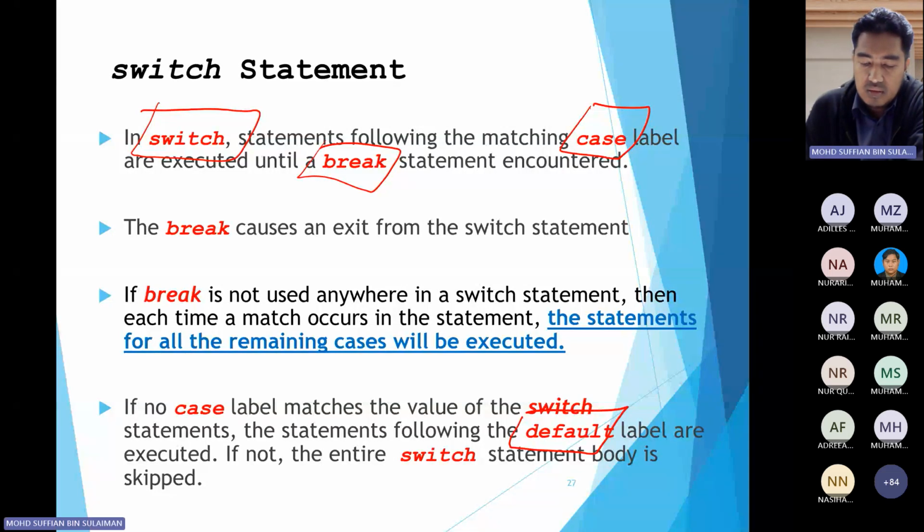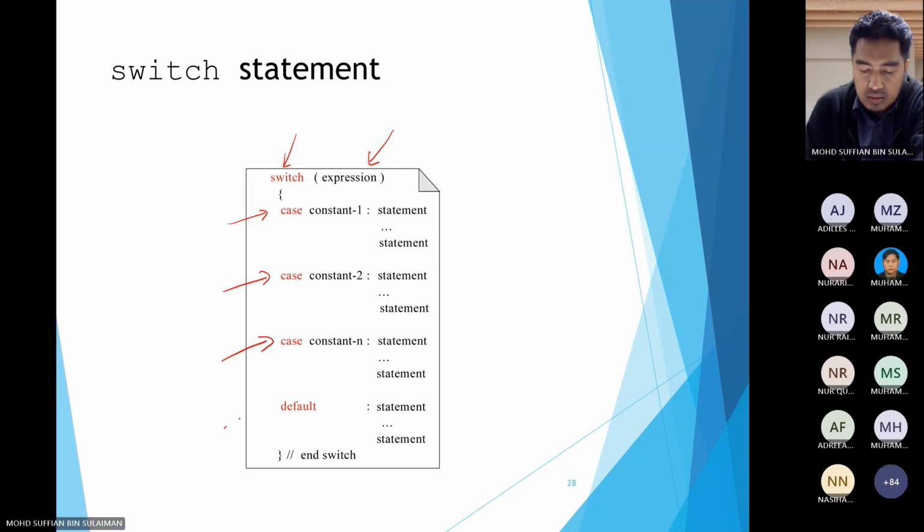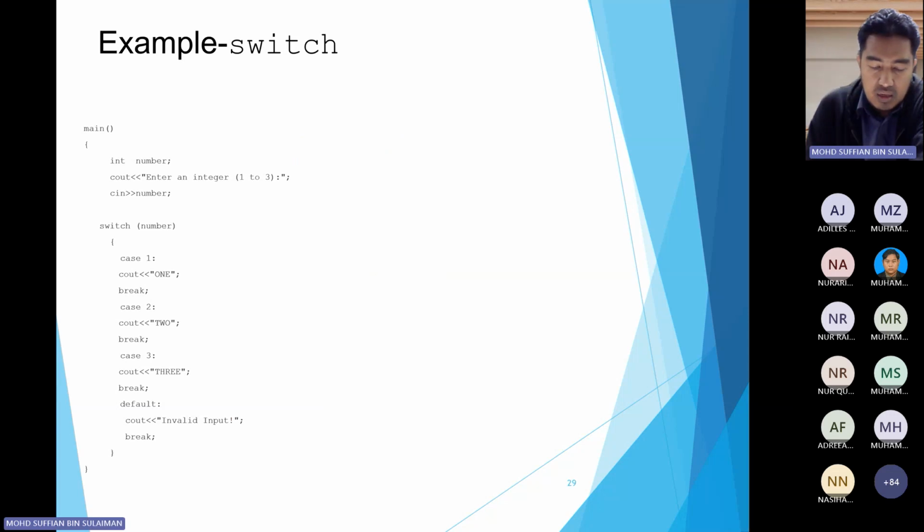Okay, so this is the explanation. So this is the syntax. You need to use the keyword switch, and this is your conditional expression, and then case 1, case 2, until case n. So this is the default value, and then end switch. Okay, so look at this example.